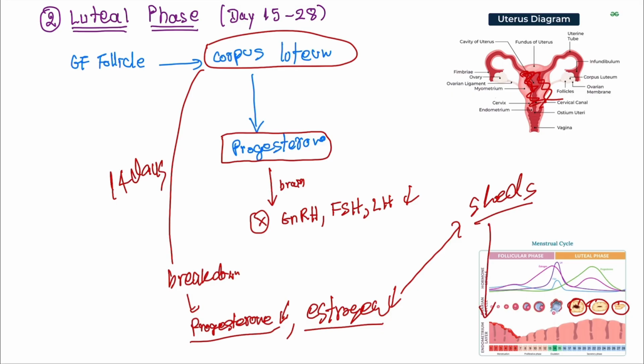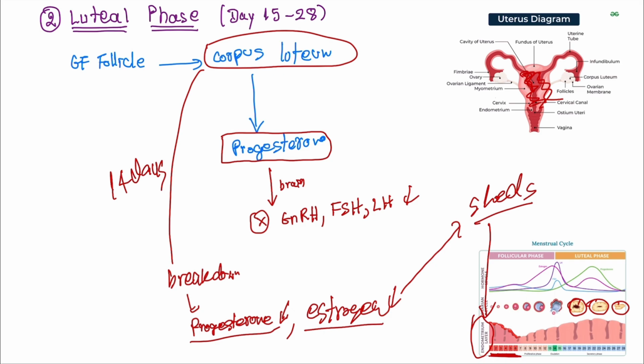It means that menstruation is the process in which the endometrium breaks down and comes out as blood. Then it starts a new cycle. The first day of menstruation is the first day of the follicular phase. So this is the end of the luteal phase.